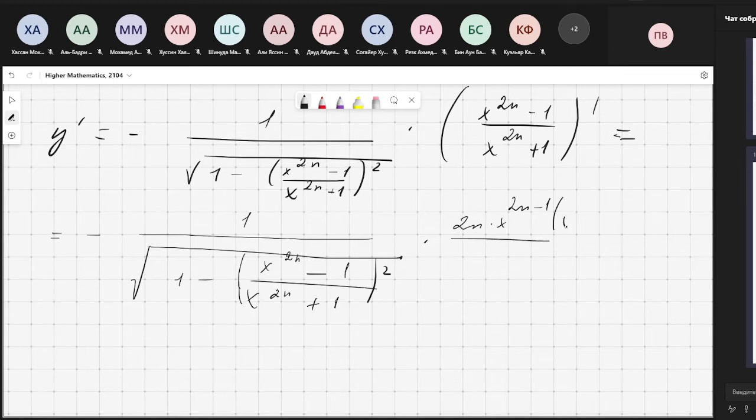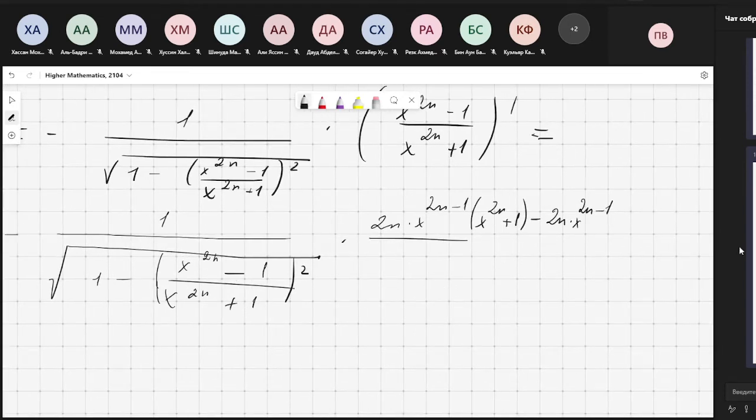The denominator we just write down, minus the derivative of the denominator, 2n times x to the 2n minus 1, and the numerator we write down. Okay, denominator squared.